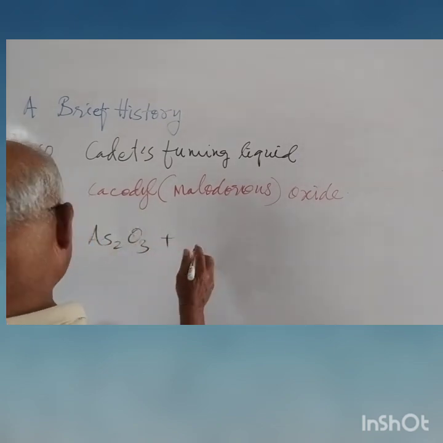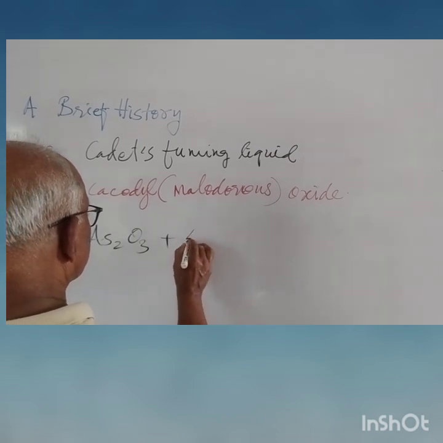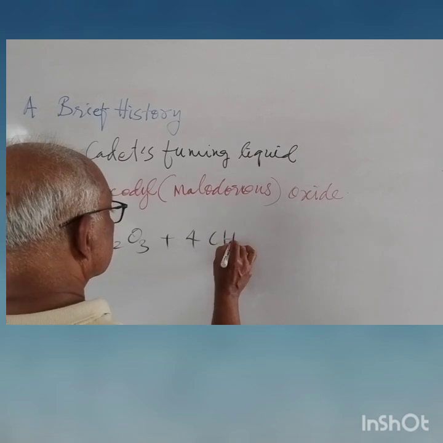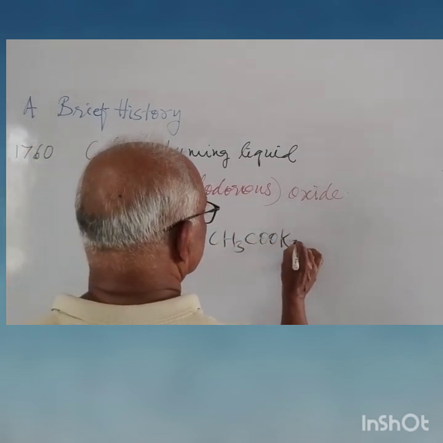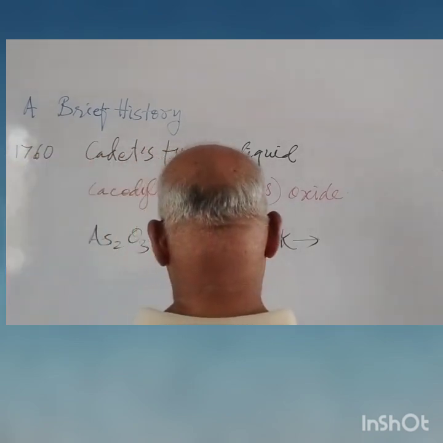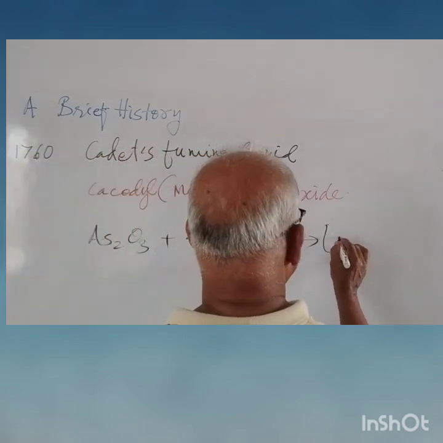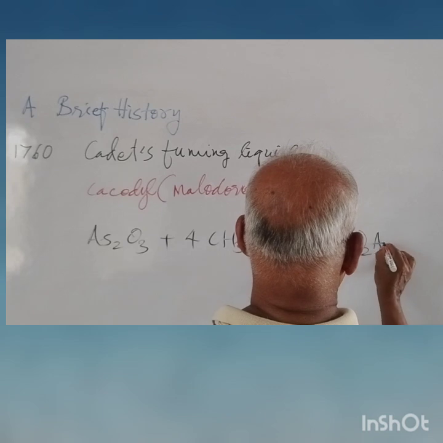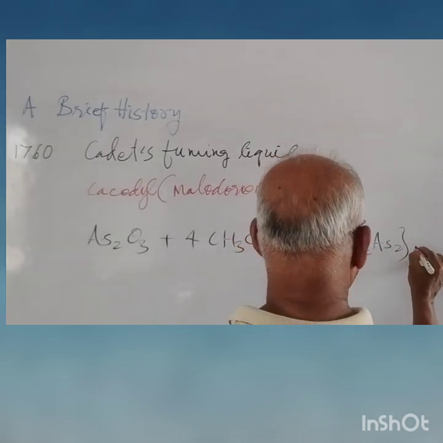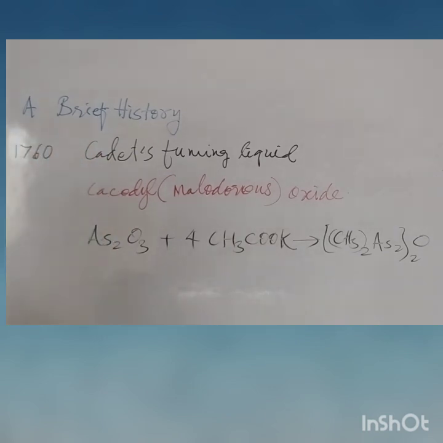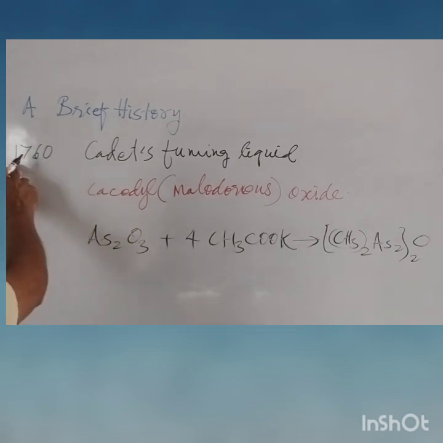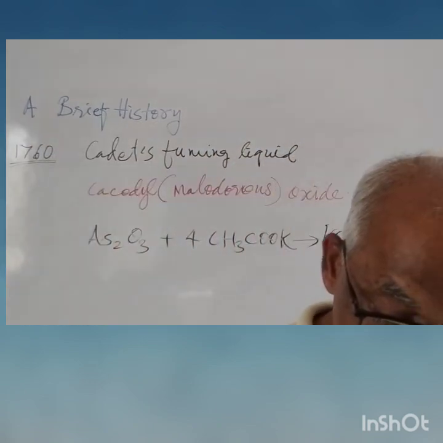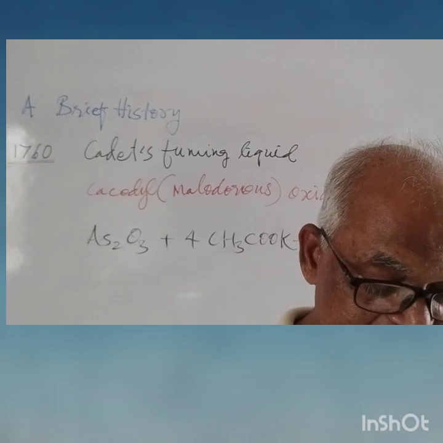This was reacted with potassium acetate, which gave the organometallic compound, that is (CH3)2As-O-As(CH3)2, an ether. So this was the first compound discovered which is called an organometallic compound.